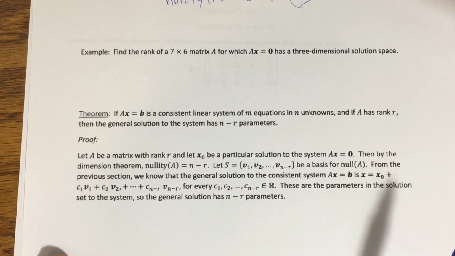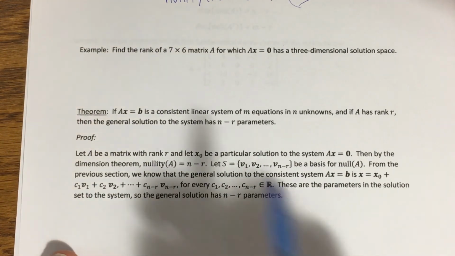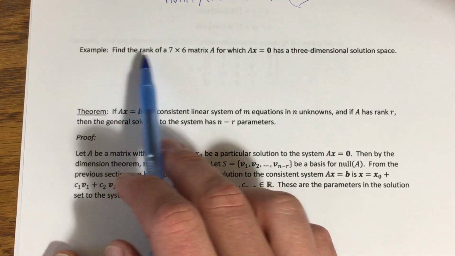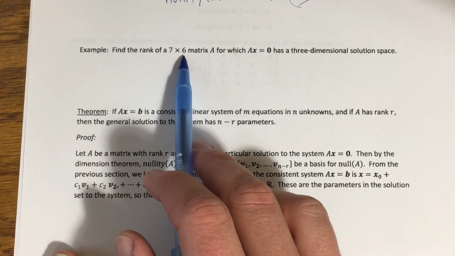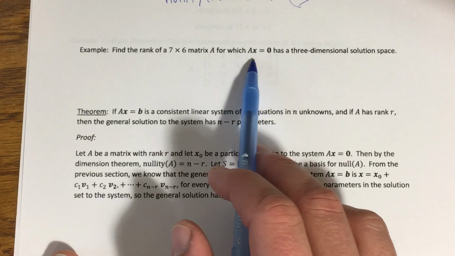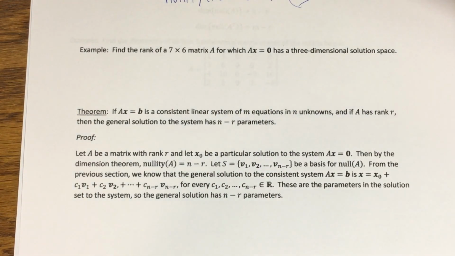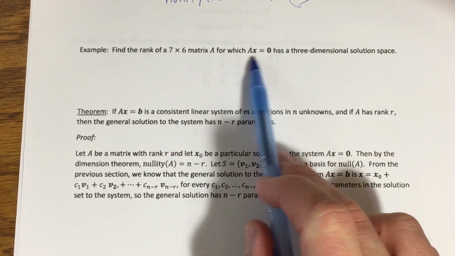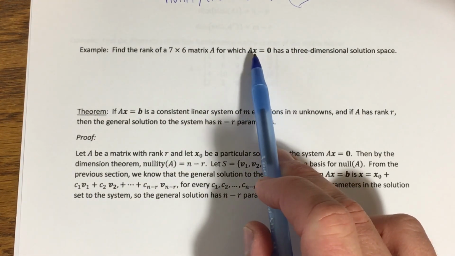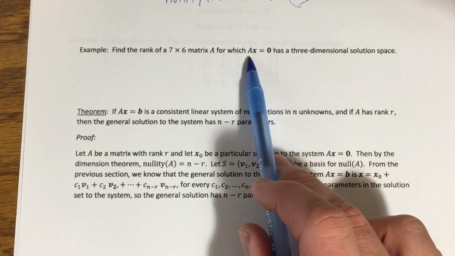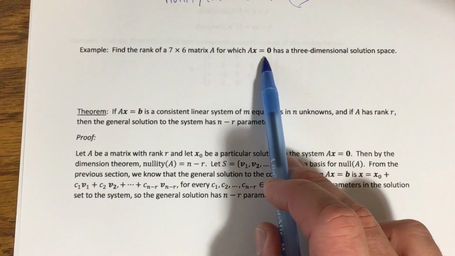Here's another example where we do something very similar. Find the rank of a 7 by 6 matrix A for which AX equals 0 has a 3-dimensional solution space. Don't get too caught up in the terminology here. The solution space of this system would be the null space of A, because this is a homogeneous linear system.